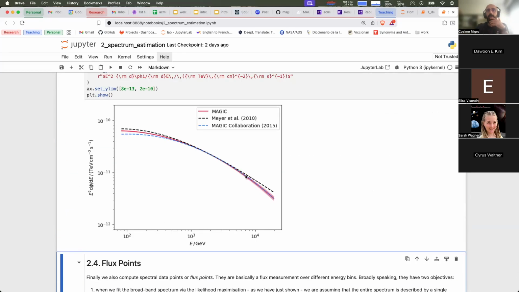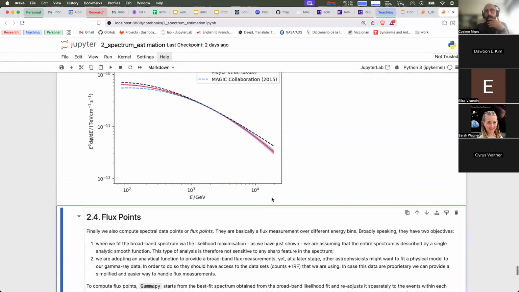It would be difficult to fit, let's say, doing a chi-square fit, if you have a physical model of this measurement, because you are already performing some kind of fit. You have a single analytical function that represents your flux with some errors, right? But if someone else doesn't have access to the data like we do, they might have trouble fitting any other model, right?